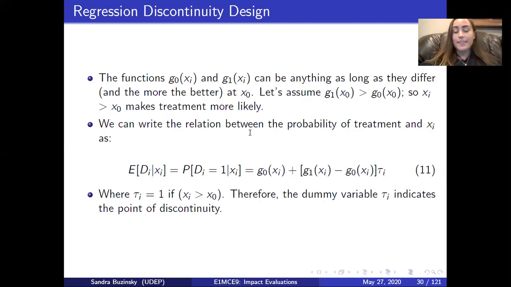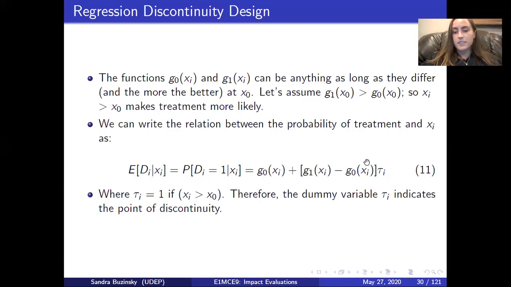And then we can write the relationship between the probability of treatment, so the probability of D_i equals 1, and x_i as follows. The expected value of D_i given x_i, here let's say test score, is the probability that D_i equals 1 given your test score. It's the relationship between your test score and your treatment status when you're below the cutoff. There's going to be some initial relationship before the treatment effect, and then plus (g_1(x_i) minus g_0(x_i)) times tau_i.